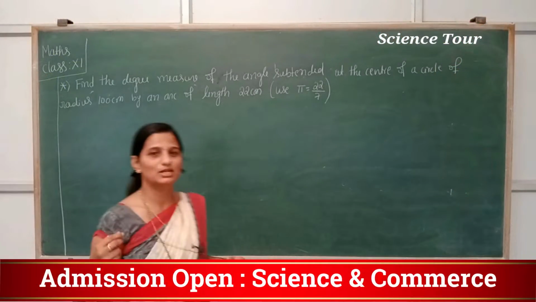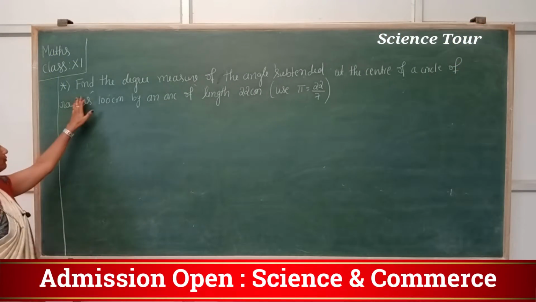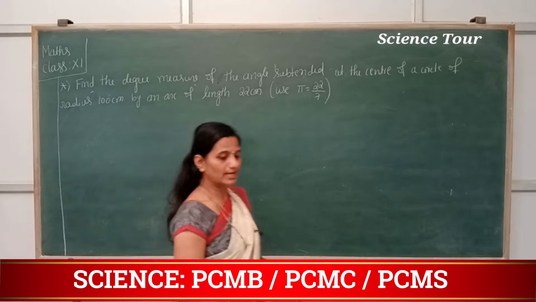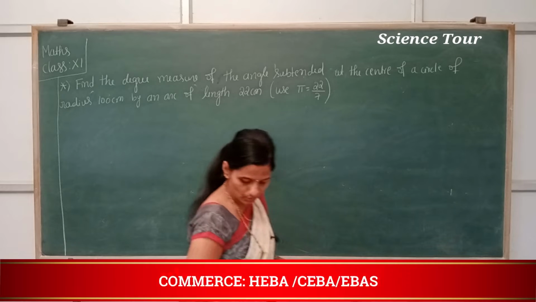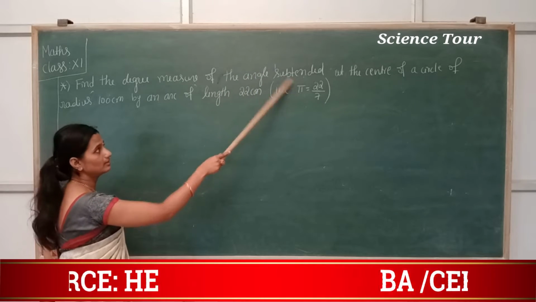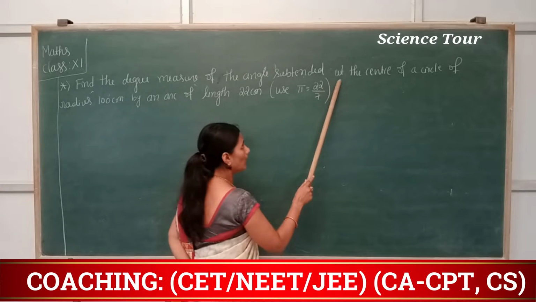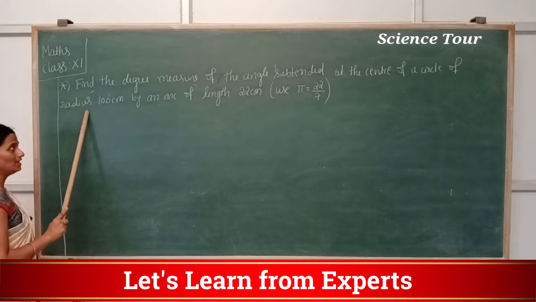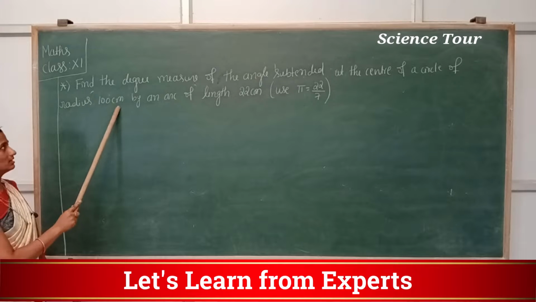Hello students, now next question. Find the degree measure of the angle subtended at the center of a circle of radius 100 centimeter by an arc of length 22 centimeter.